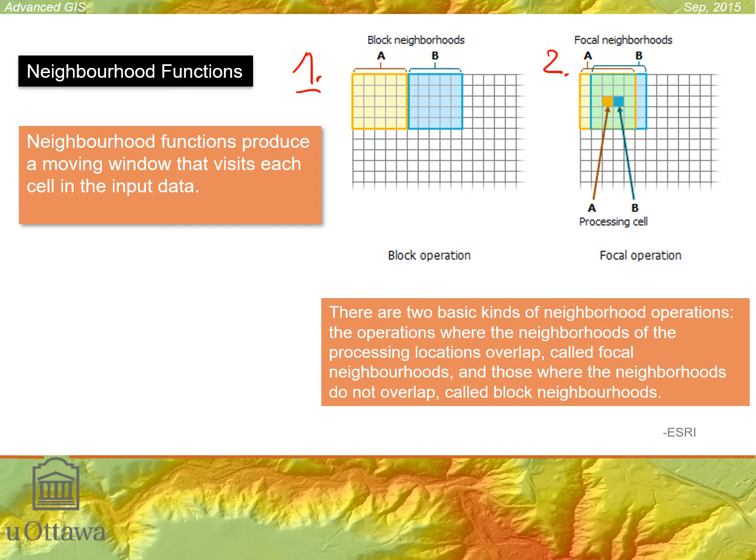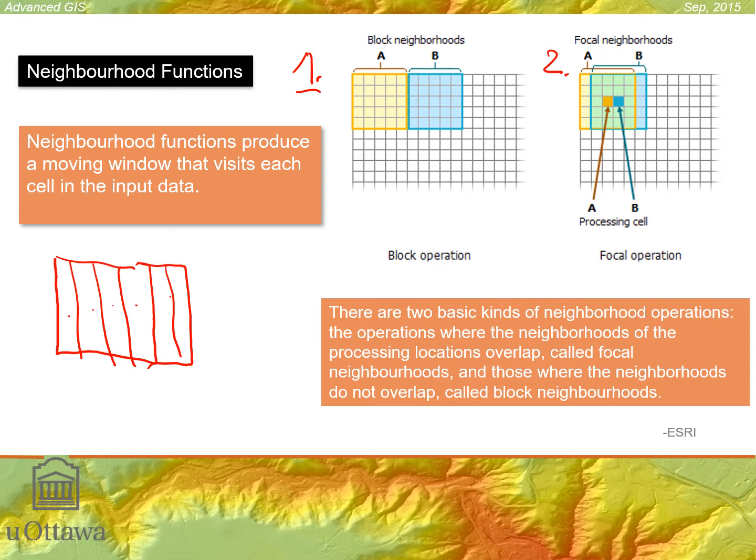The neighborhood that we see here is a block of cells. Or it's actually 6x6: 1, 2, 3, 4, 5, I'll put a 6 there, and then down the side, 6, like so. So that's called the neighborhood.